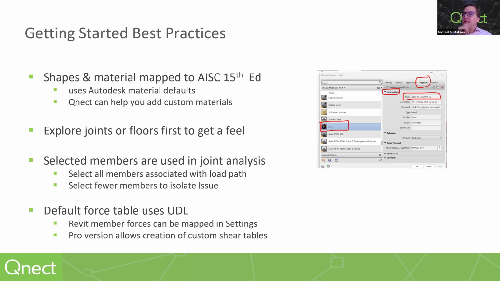I've seen some companies that have their own material naming conventions. Autodesk Revit has maybe 30 out of the box, right? We're mapping to those 30 plus. But if you have your own materials, that's fine. We just need to work with you to map those to the correct mapping, making sure everything is running through the system.